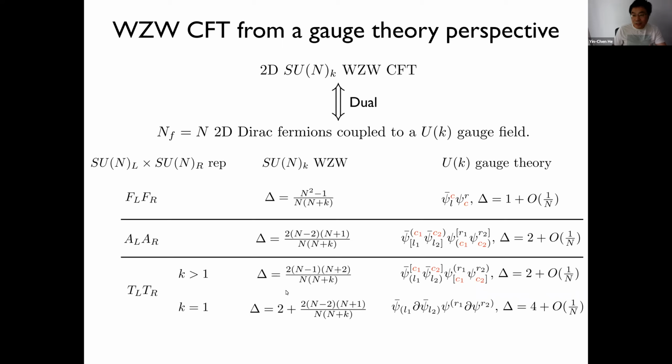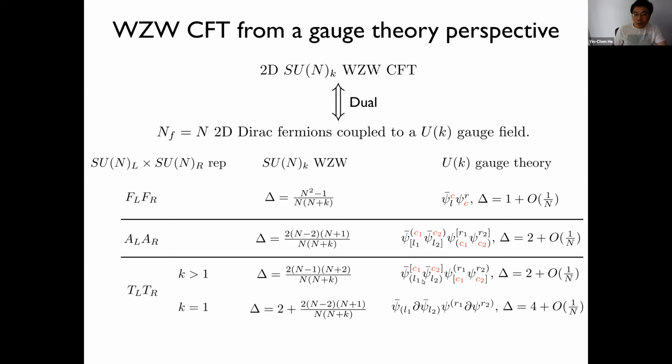And the interesting thing is that this structure is nicely captured by the critical gauge theory. For example, if k is larger than 1, you can write down a 4-Fermi operator with the flavor indices symmetrized and the color indices anti-symmetrized. The scaling dimension of this operator will be around 2, which matches the Wess-Zumino-Witten side.